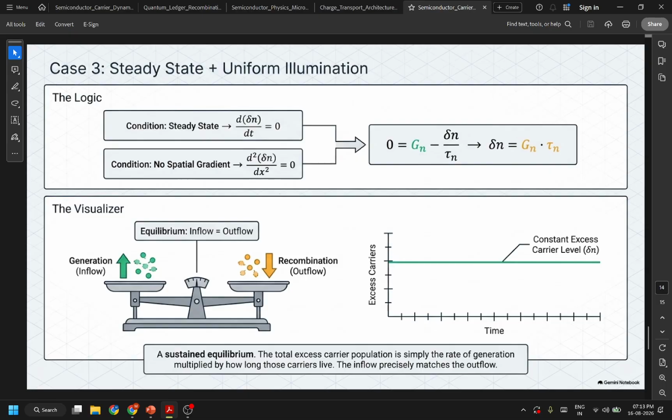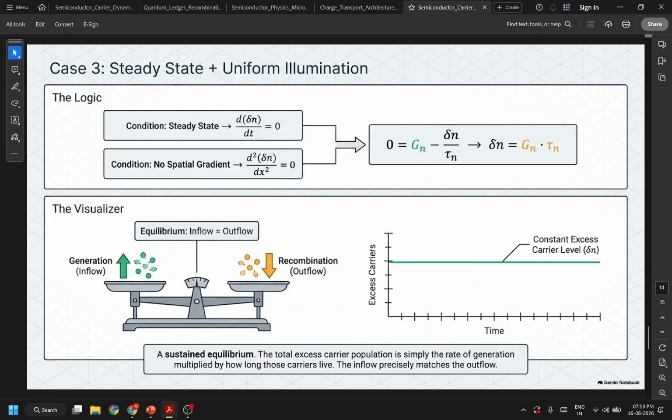Now case 3 would be steady state plus uniform illumination. So steady state means d delta n by dt equals 0, and uniform illumination means there will be no spatial gradient, so d square delta n by dx square is also 0. So the resulting equation will be 0 equals Gn minus delta n by tau n.